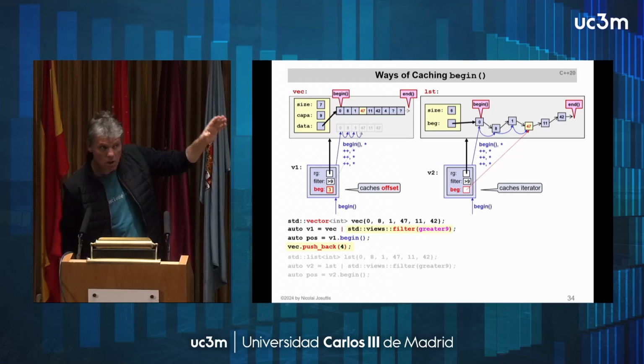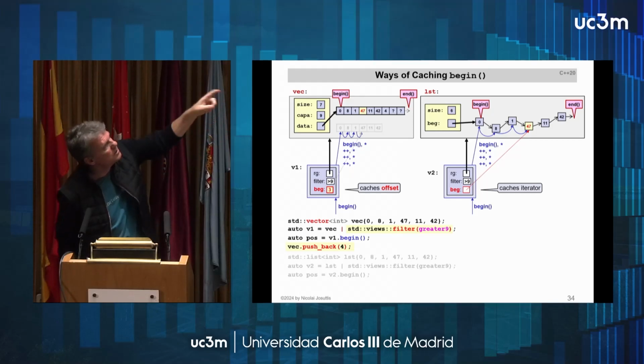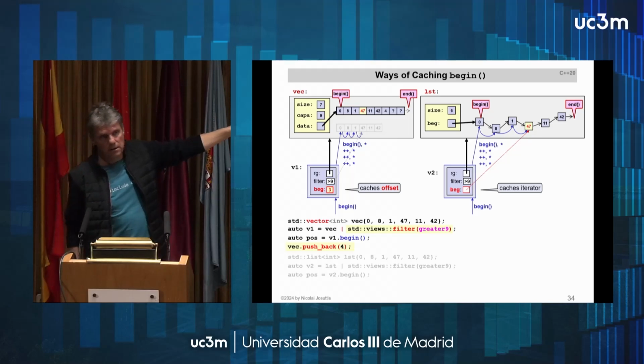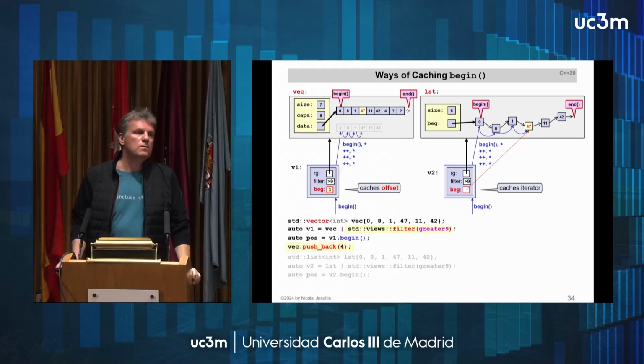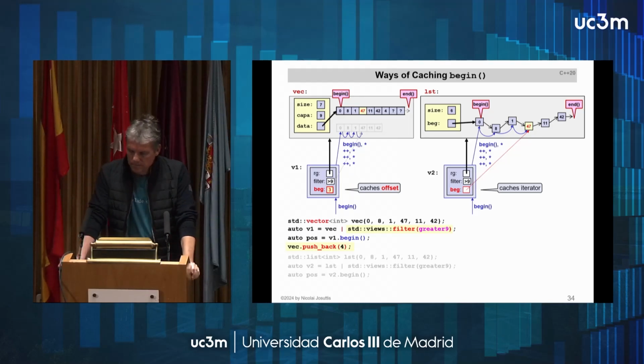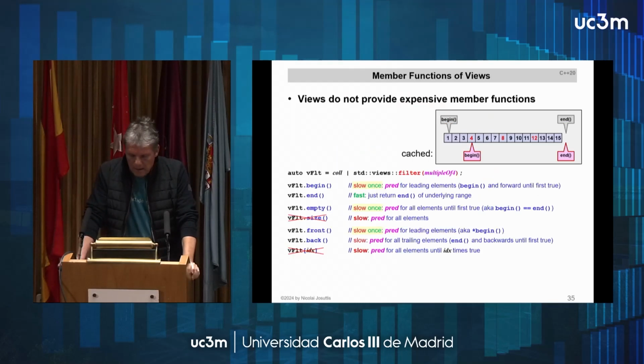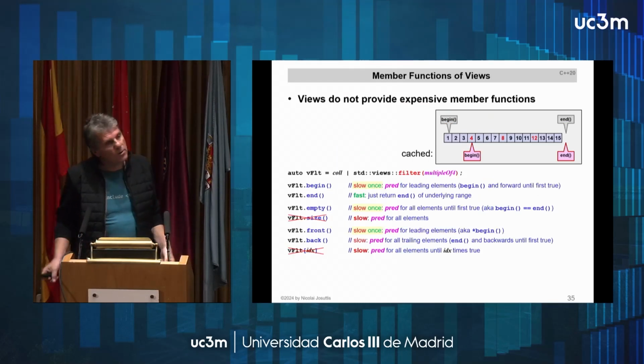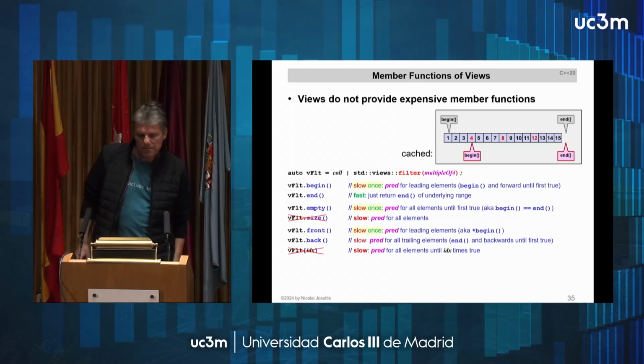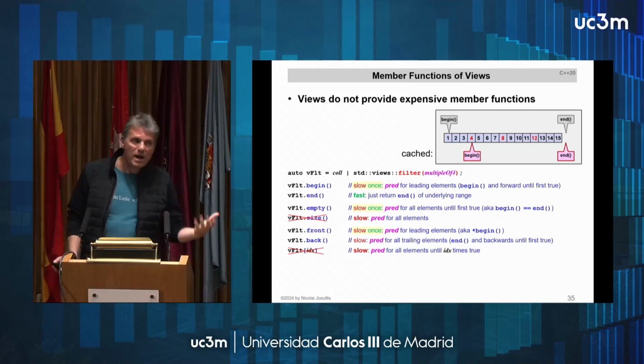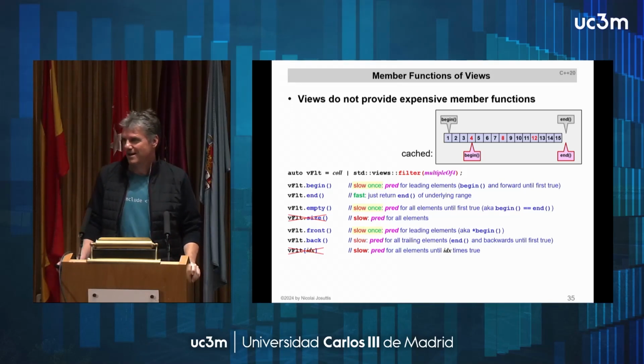Filters cache always, sometimes an iterator, sometimes an offset, depending on what you have below. Okay, with that, I could say, well, looking at how expensive are the operations, some of them are slow only once, not multiple times.